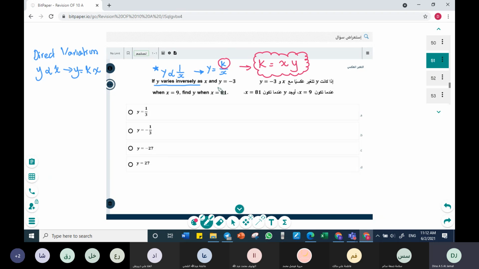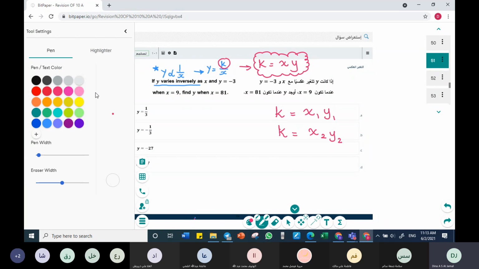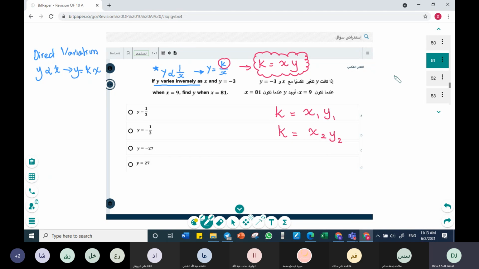Now I have one unknown and two relations. That means I need to keep my k the same, with x1, y1, and k being x2, y2. Now to solve my inversely proportional, or inverse variation, problem, I need to make the k's equal to each other.